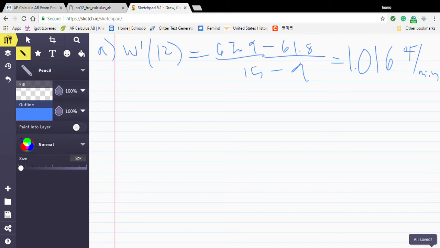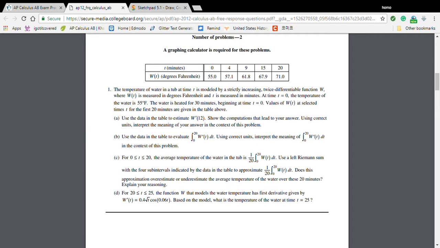So now the second part of this is to interpret the meaning of your answer.